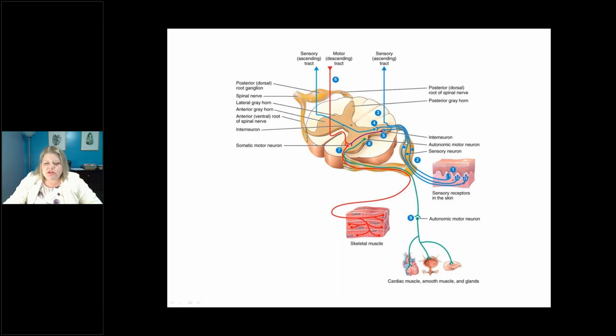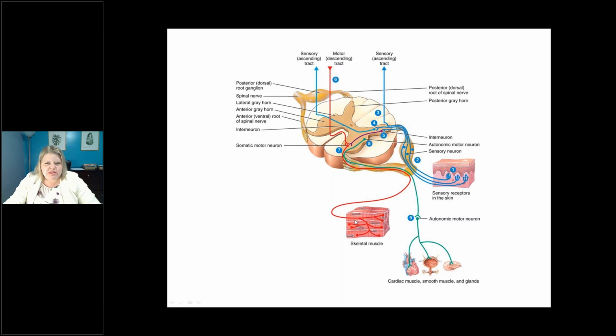The sensory neurons are going to extend into the white matter in those tracts I told you about and move up towards the brain, where motor or descending tracts are going to be moving away from the brain within the white matter on the anterior aspect, and then crossing over into the anterior gray horn where it synapses on another motor neuron, leading to the effector.